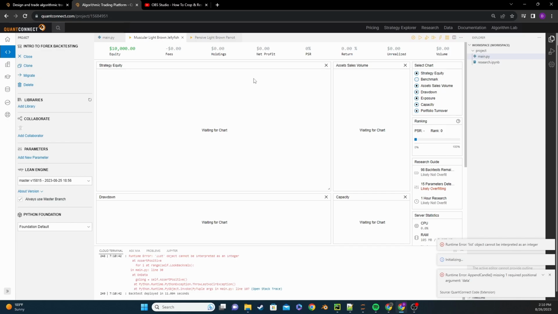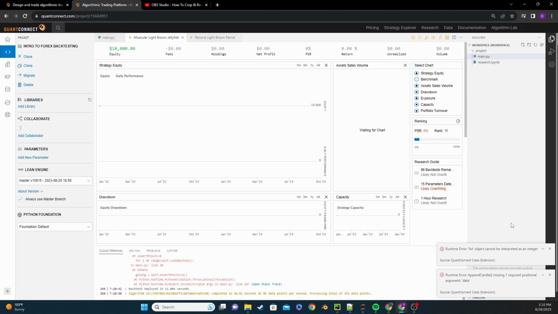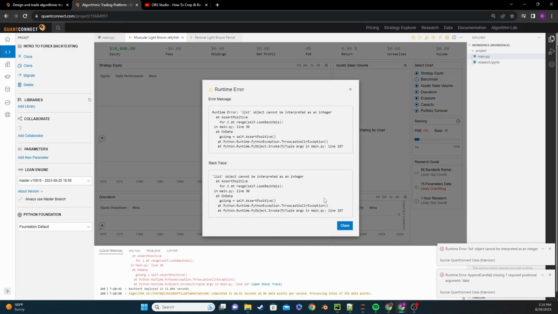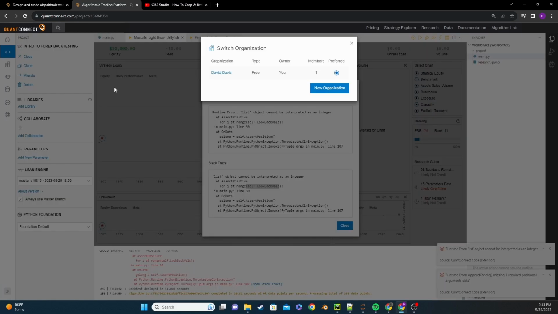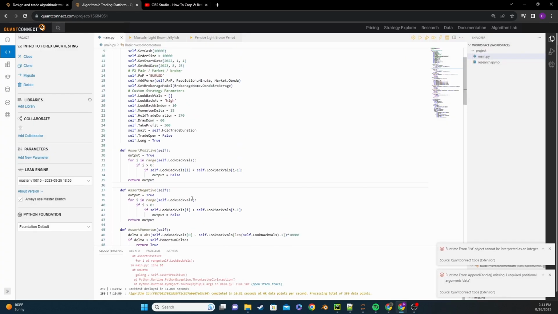So now let's see how the strategy performs. Oh, we have another issue. Maybe. Yeah, it should be range length right here. So I'm full of bugs today. On line 30, I don't want this. Let's go to main.